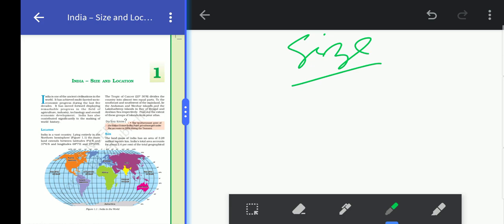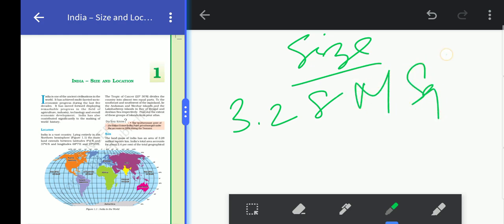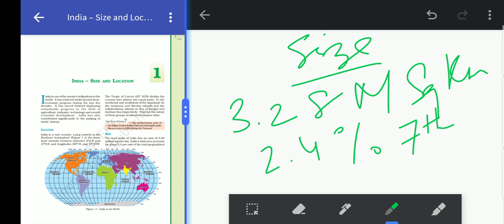It is 3.28 million square kilometer. Okay, this is very big. It is like 2.4% of the earth size. Just imagine how big it is. And India is also considered as the 7th largest country in the world.